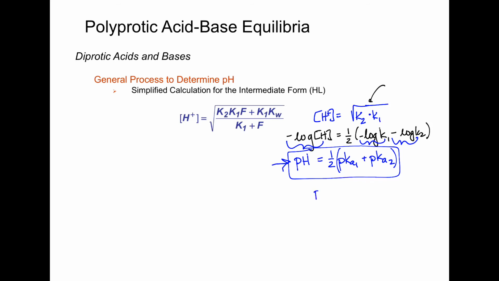What we say is that the pH of an intermediate form of a diprotic acid is about midway between pKa1 and pKa2. So that's an equation we use that gets us pretty close to the pH that we would have found using the systematic treatment of equilibria.